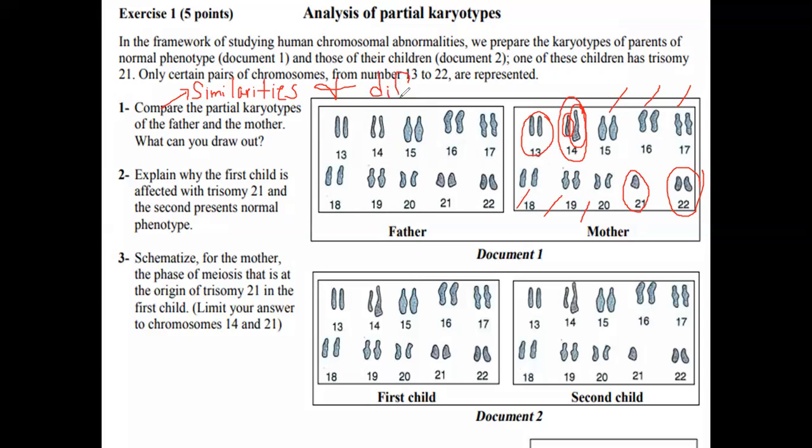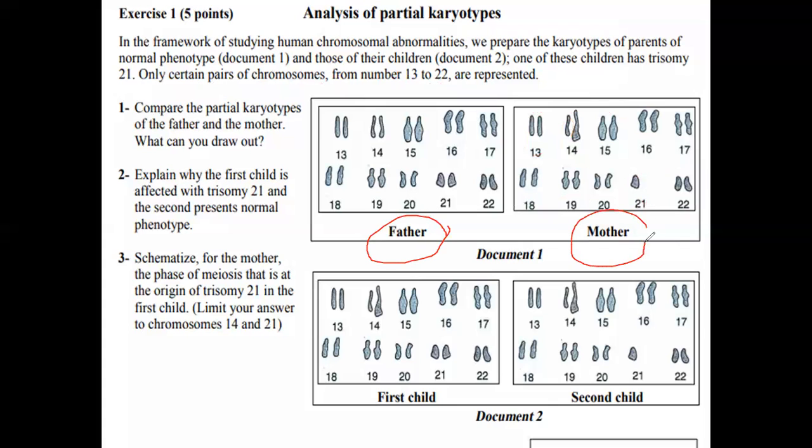So the similarities: in the karyotypes of the father and the mother, both have the same number of chromosomes except for chromosome number 14 and chromosome number 21. These chromosome pairs are not the same. All of them are the same except for these two pairs.